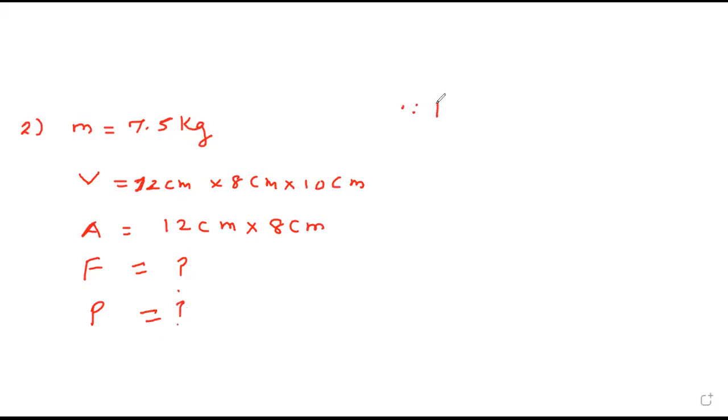Since F, thrust, F equal to mg. M is 7.5, g is 10, equal to 75 Newton.